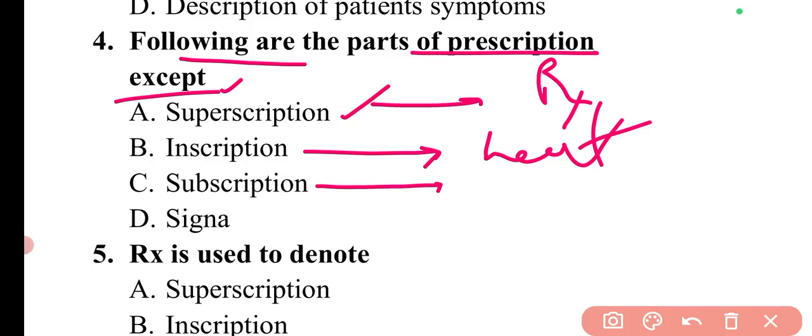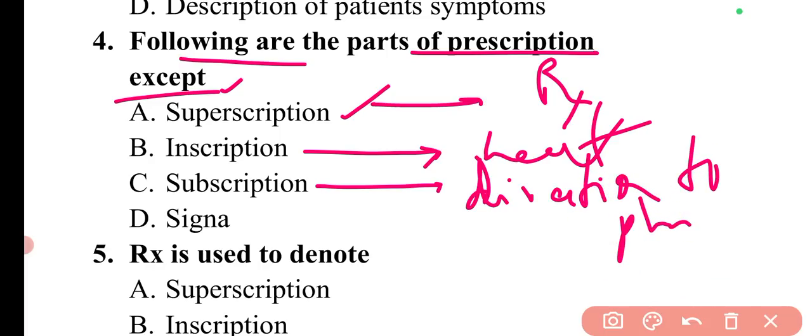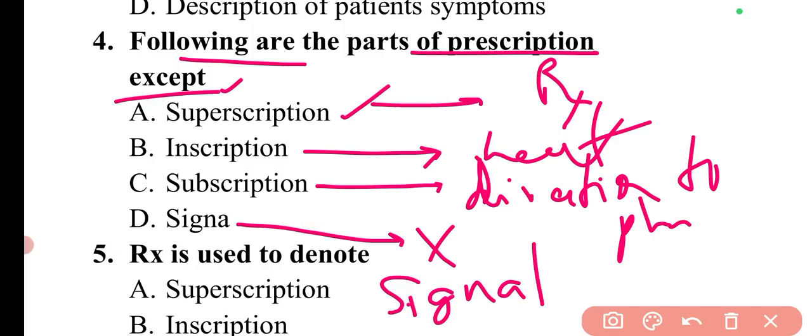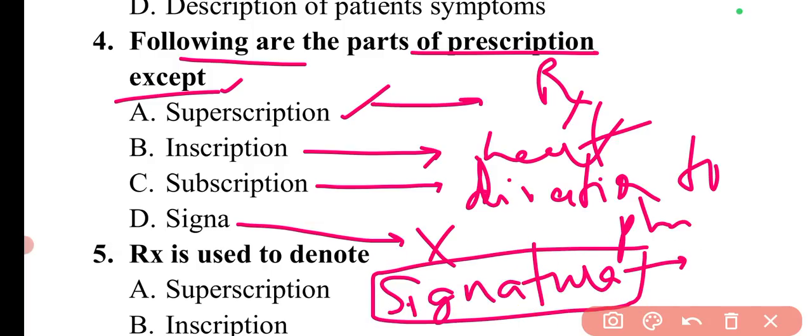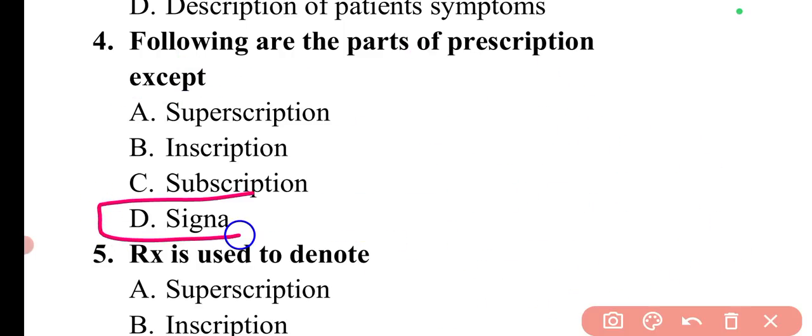Subscription is the direction to the pharmacist. And signa is not a part; the similar part is signature, which is the direction to patients. So here signa is not a part of prescription, so option D is correct.